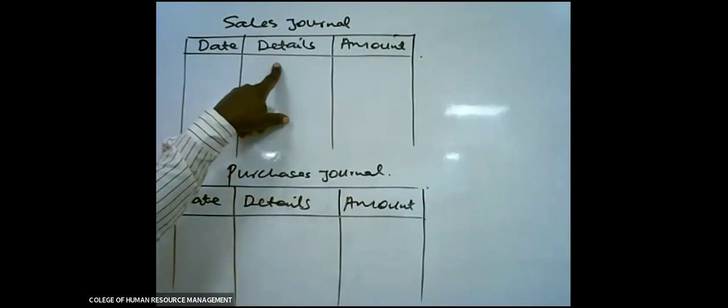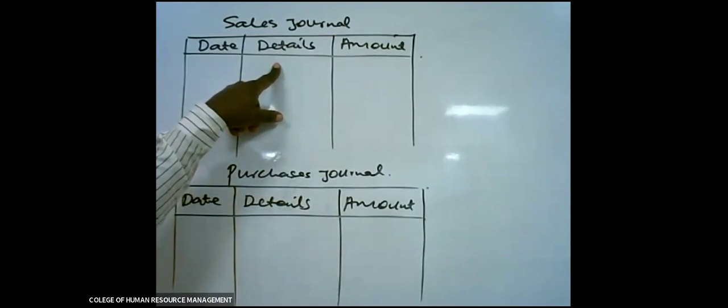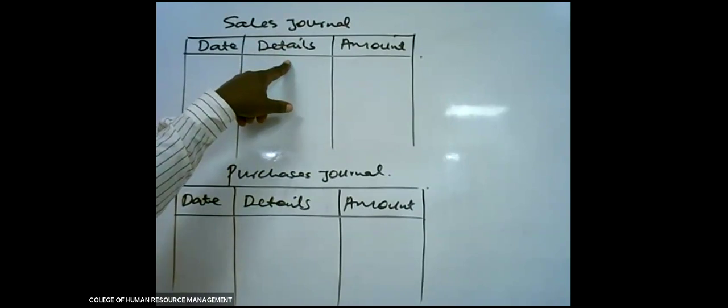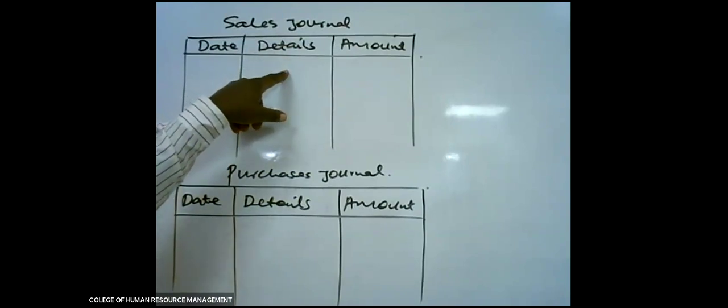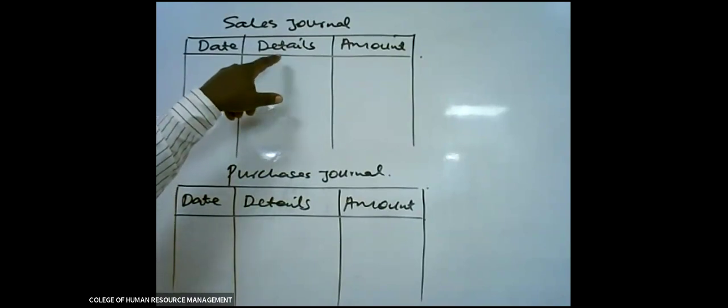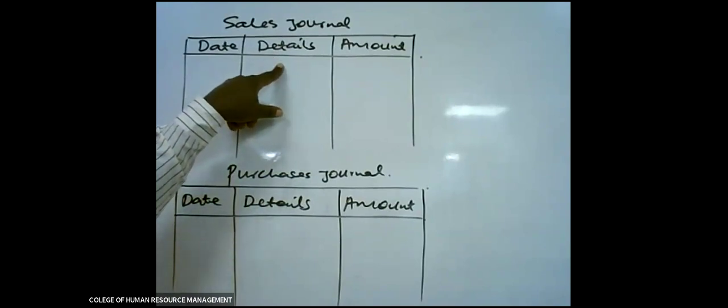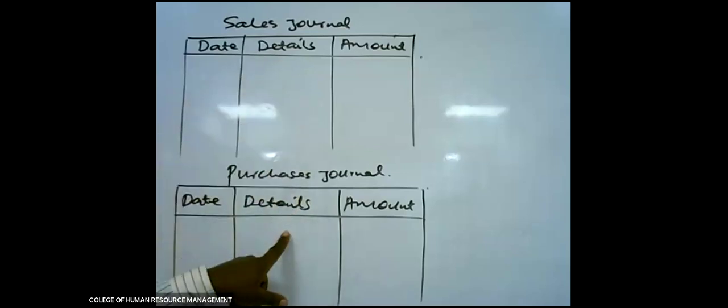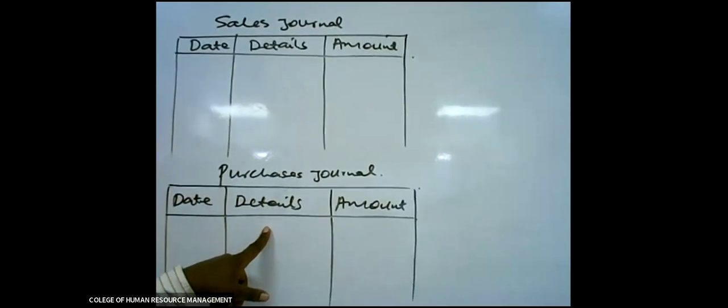The details in the sales journal will capture the name of the customer. Remember, you have sold on credit to a particular customer. So the difference is, when you sell, details is the name of the customer who bought the goods. When we purchase, the details is the name of the supplier who supplied us with the goods.